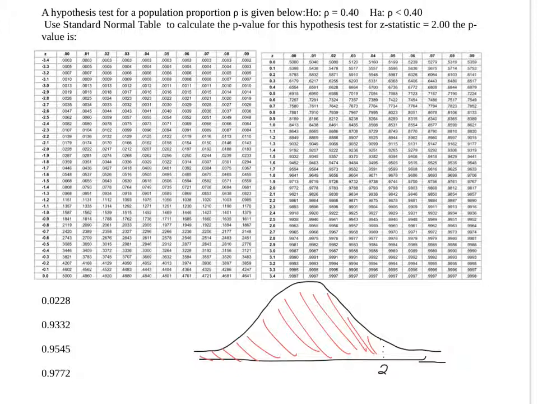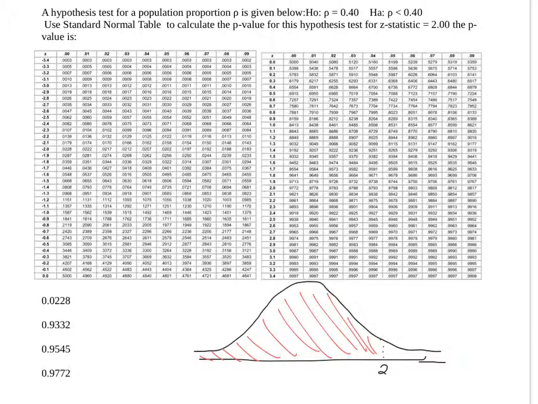This header up here of these columns gives the hundredths place. Now you notice that the ones place here is a 2, the tenths place is a 0, and the hundredths place is a 0. So we're going to just go here. 2.0, 0. 0.9772. Okay? So that's our answer, 0.9772.